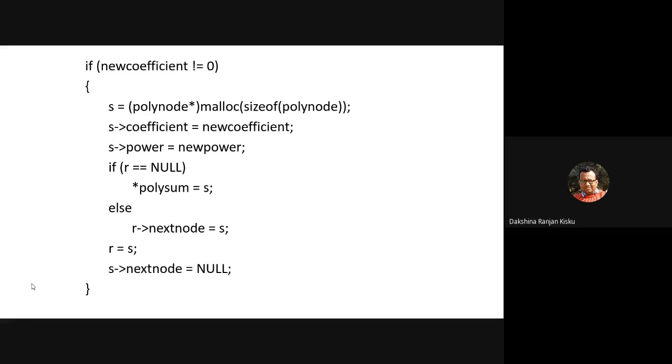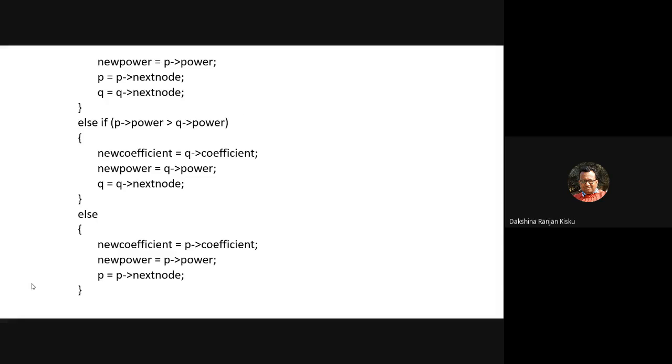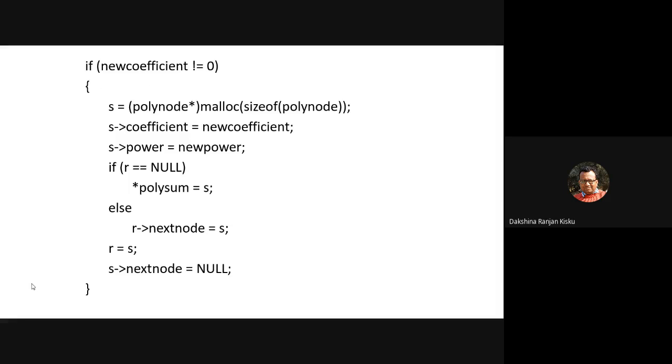Okay, because in the previous steps we are getting the new coefficient and new power. That means the new coefficient values and new exponent values. So after having this new coefficient and new power, we have to construct the resultant polynomial using a linked list.